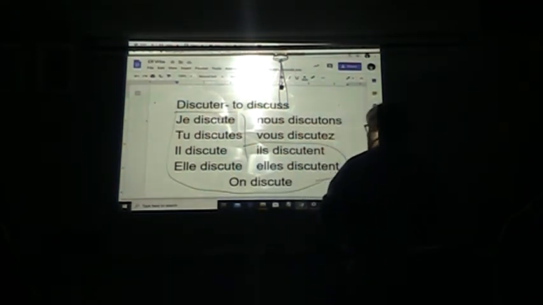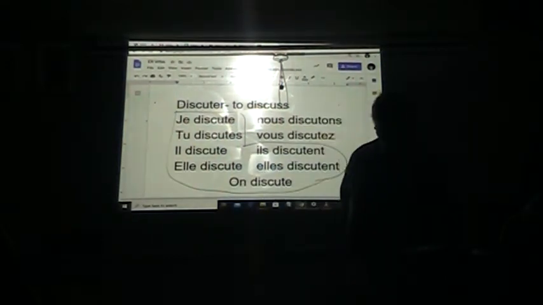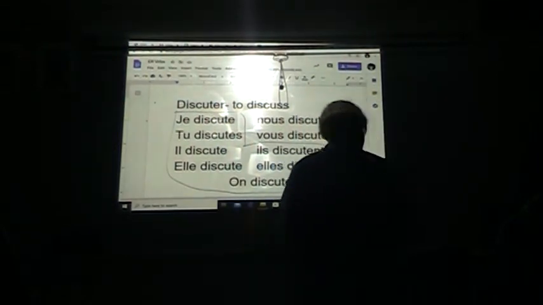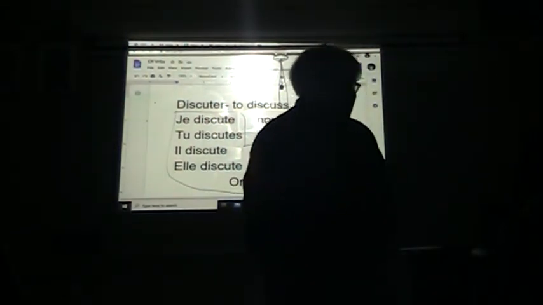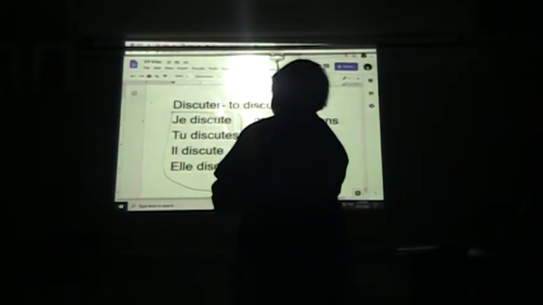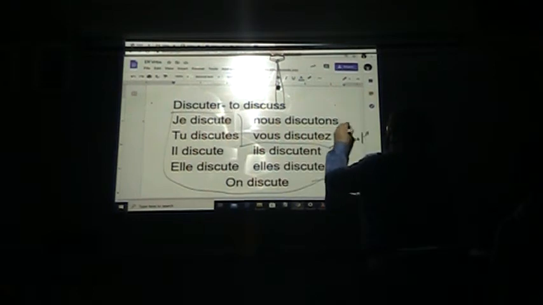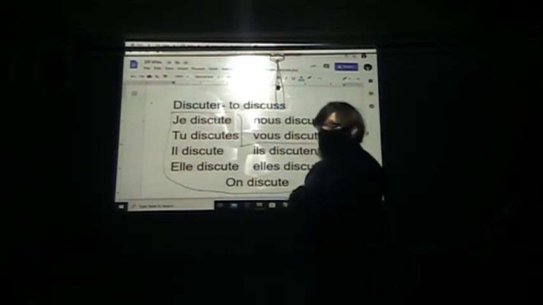Like that. Okay. Everybody with me so far? Okay. These forms of the verbs are called the boot verbs. Okay? Let me show you why, everybody.